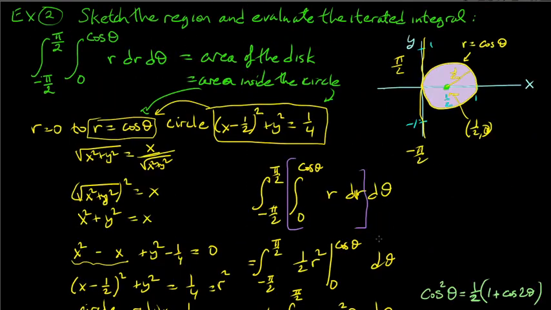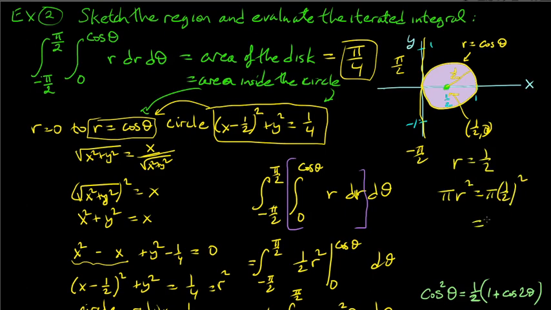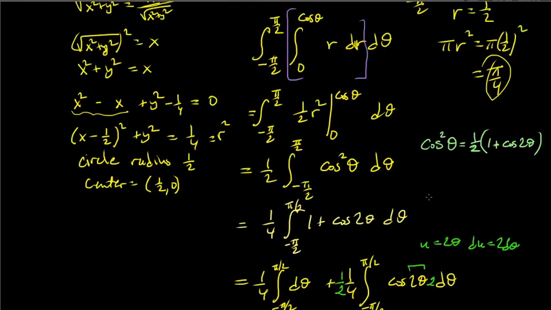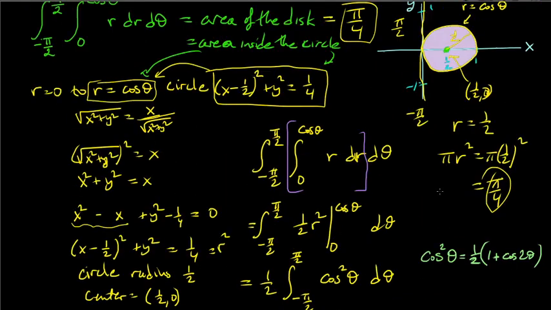So that's the area of the disk, pi over 4. So no surprise. After all, remember the radius is 1/2. So pi r squared is pi times 1/2 squared, which is indeed pi over 4. So hopefully you knew that already, that we were going to get pi over 4 for the area.